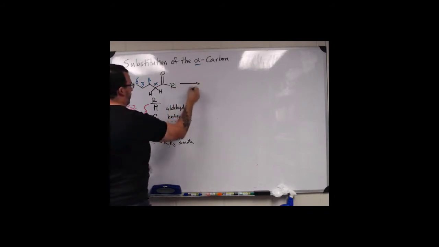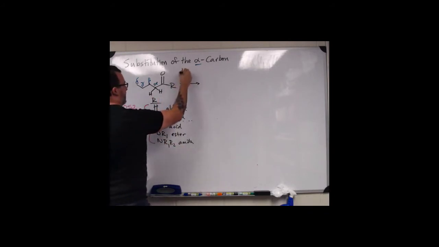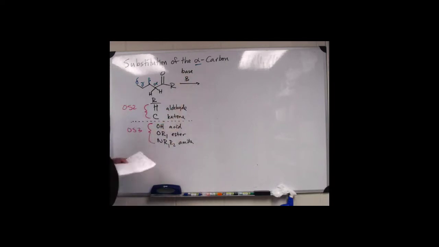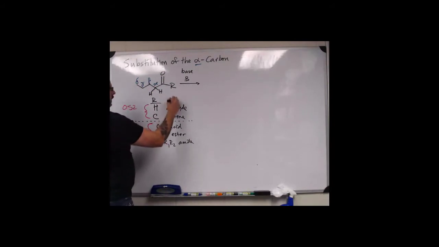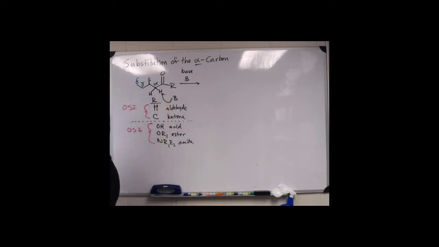So if we treat this compound with some base, I'm just going to say B with a lone pair for now as the base. We're going to look at what specific bases we can use to carry out this chemistry. So what will happen is the base will extract an alpha proton.